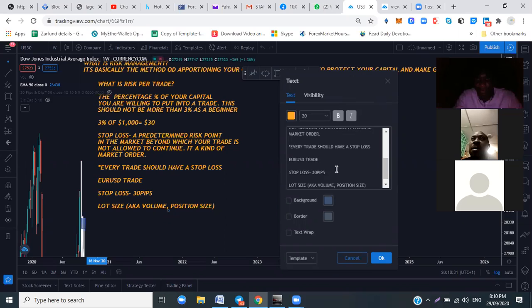Okay, so that is it. It's basically lot size is volume or position size. Now, for you to actually set your trade for 3%, which is $30, you need to calculate your lot size.